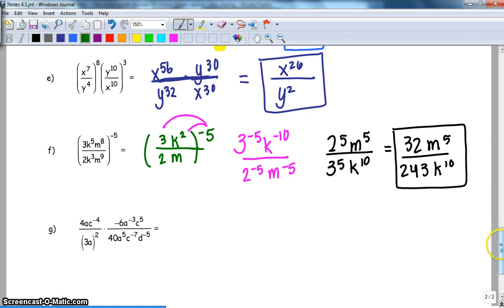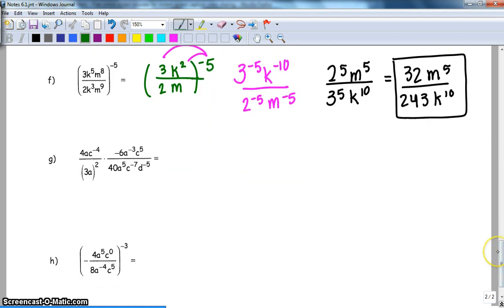Next is G. Let's take care of our parentheses first. You can also go ahead and do this top part if you want. So 4 times negative 6 is negative 24. Let's see, you have an a and an a to the negative 3. When I add those, I get a to the negative 2.